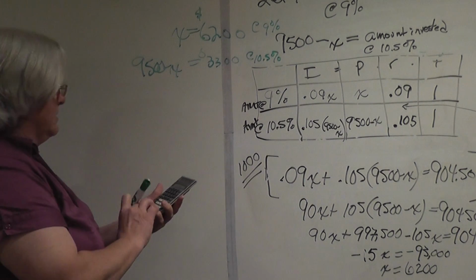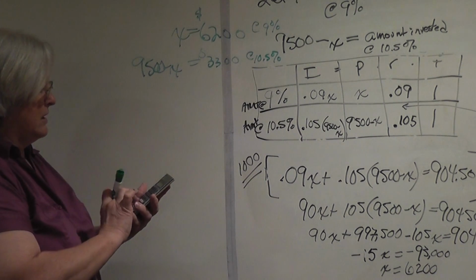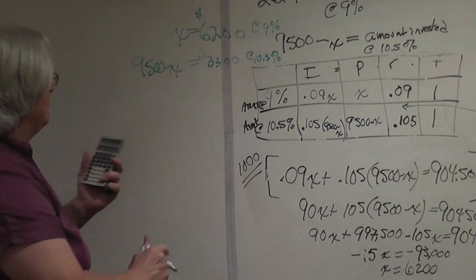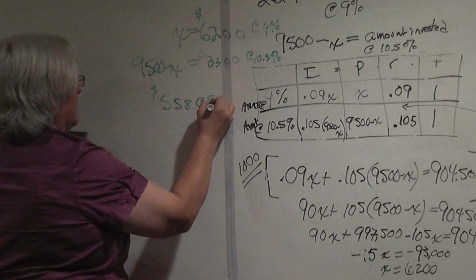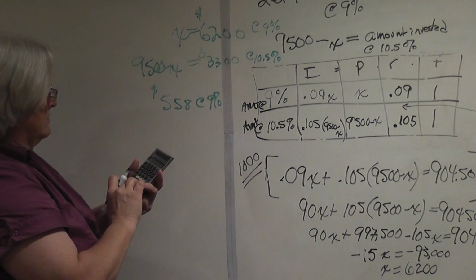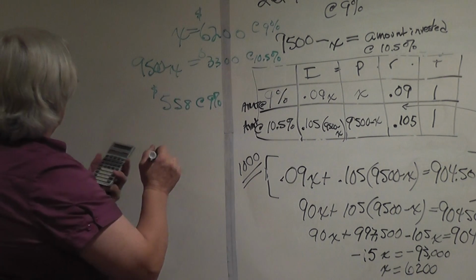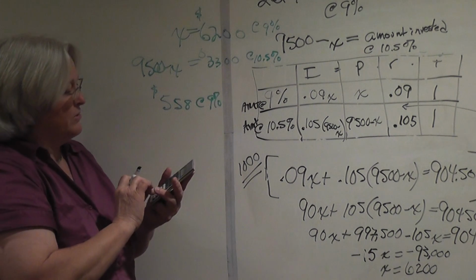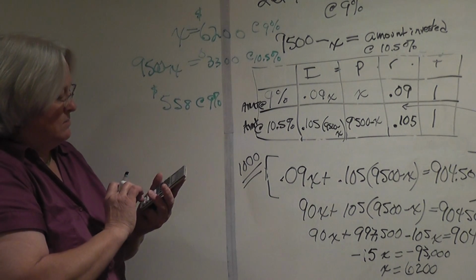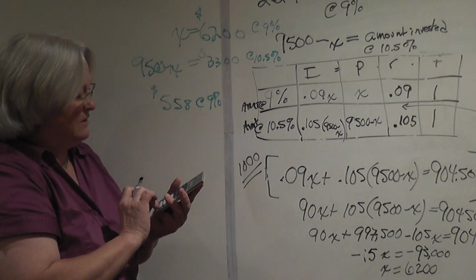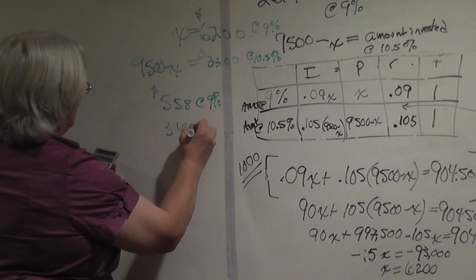Okay, this first one is 6,200 times 0.09 is $558. $558 at 9%. This next one, 3,300 times 0.105 is 346.50.